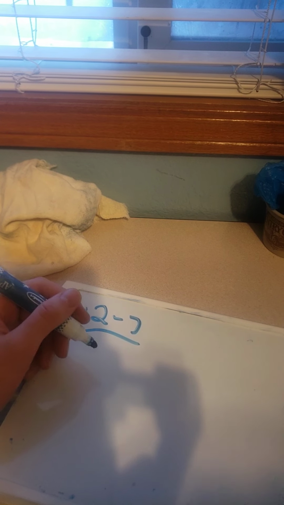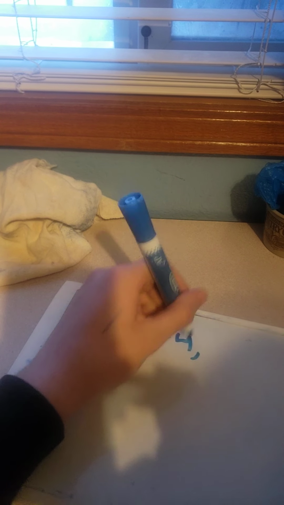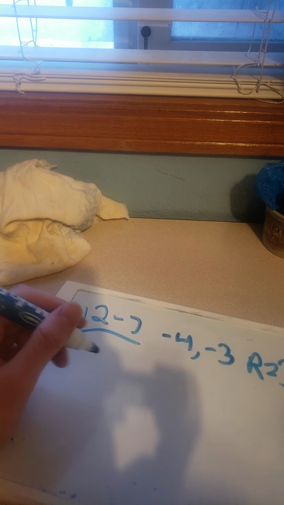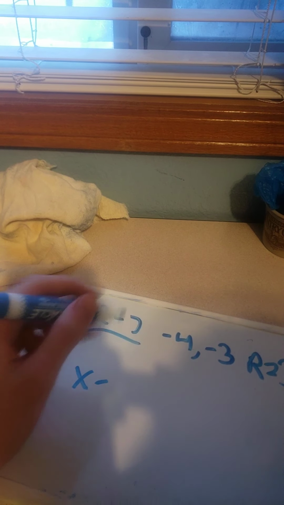All right, and then this is going to be about writing the equation of a circle and then graphing the circle. So what we're going to do is we are going to say we need a circle with center -4, -3, and let's say a radius of 3. So how we're going to write the equation, our equation is going to be x minus x1, which in this case is going to be 4.